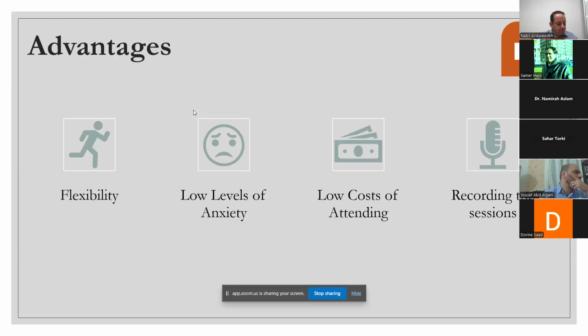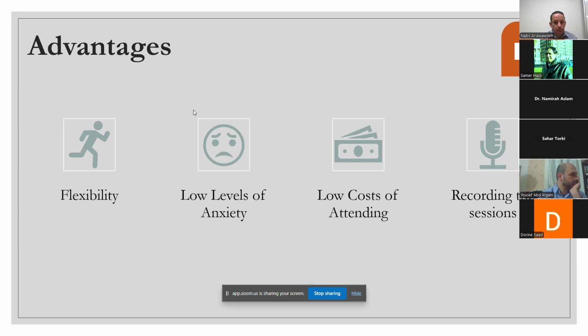For the advantages, what was common in almost all of the papers that I analyzed is the flexibility, which again makes sense because students and teachers appreciate the flexibility of online learning. They can join from wherever they are, and they can start watching the class if the class is asynchronous. The second advantage is the low levels of anxiety.